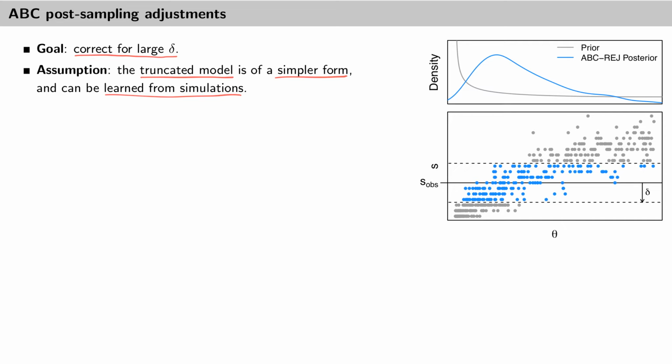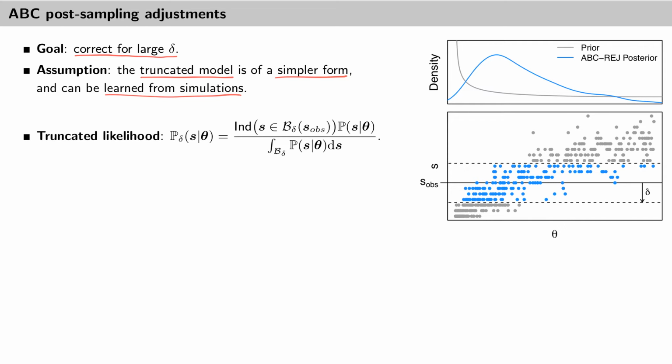Or in other words, the goal is to actually make use of the accepted simulations, so the blue dots here on the right, to fit a simple model, a simple likelihood function and a simple prior that can then be used as surrogates for the full model. Using those surrogates, the ABC posterior might then be improved.